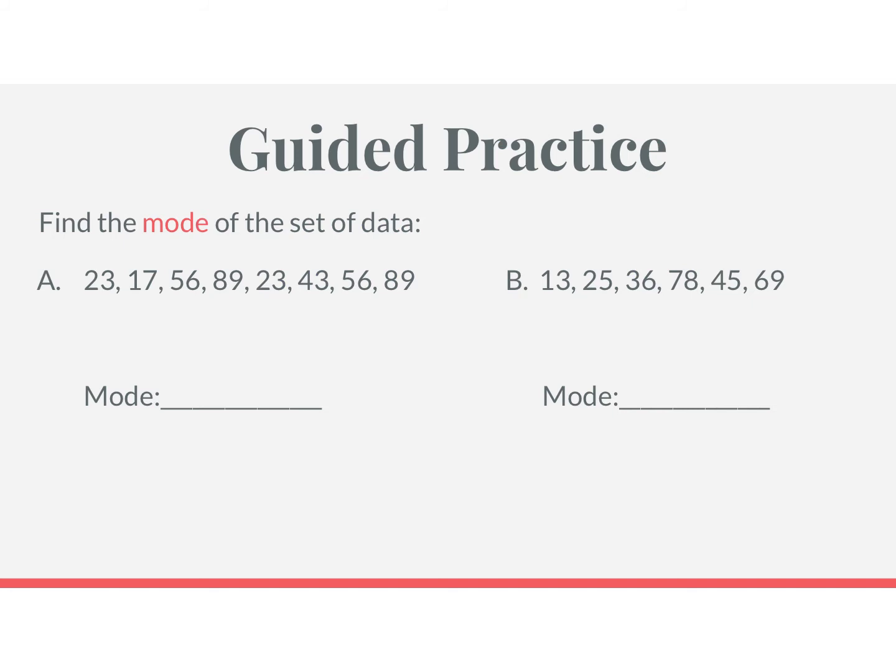Now let's solve a few guided practice problems together. For each data set, we will be finding the mode. Our first step is to order all of our numbers in order from least to greatest.